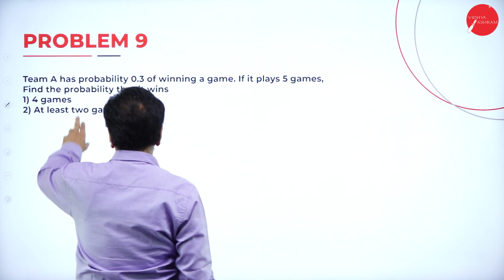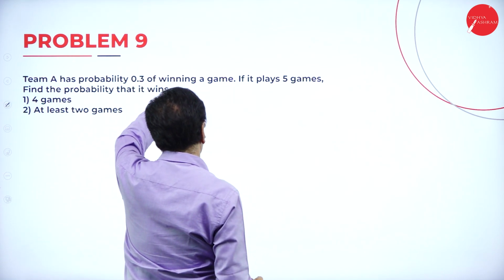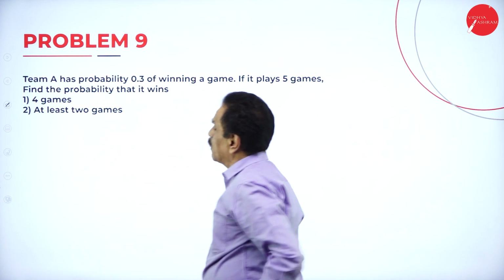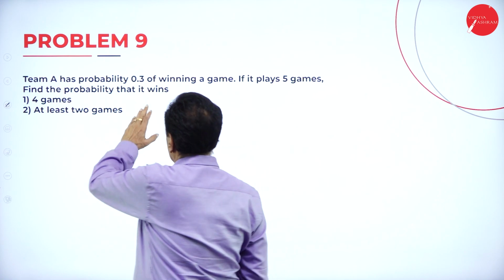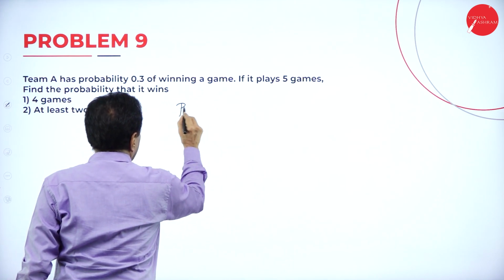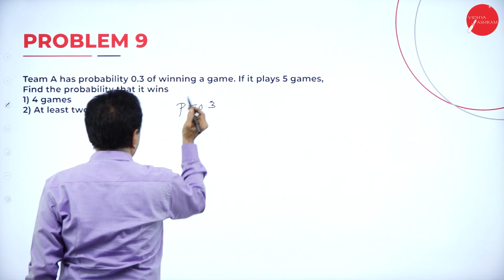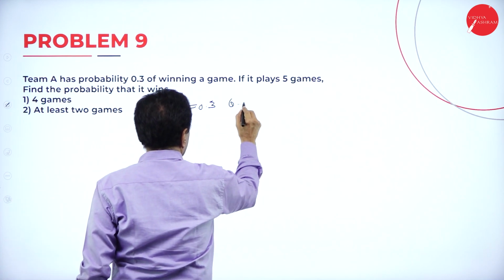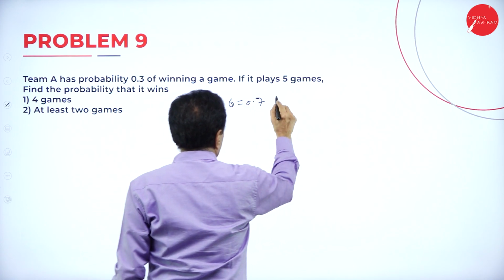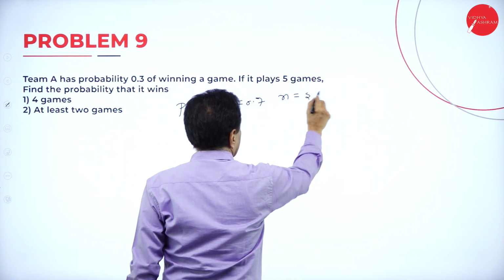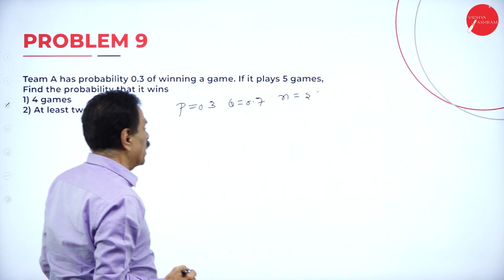Team A has probability of 0.3 of winning a game. It plays 5 games. Find the probability of winning 4 games, and at least 2 games. Here given P is equal to 0.3. Remaining Q is equal to 0.7. Then number of games n is equal to 5. So how many selections? r is equal to 4.